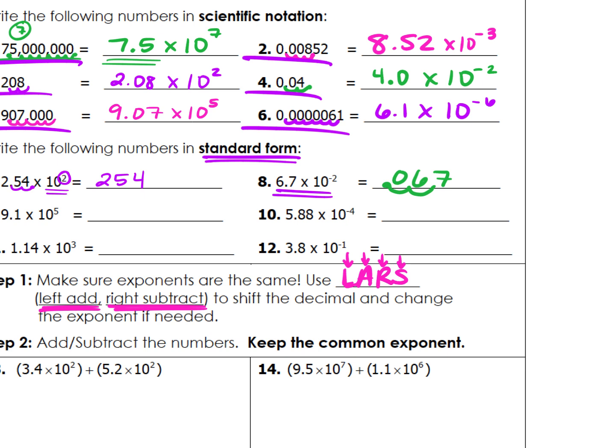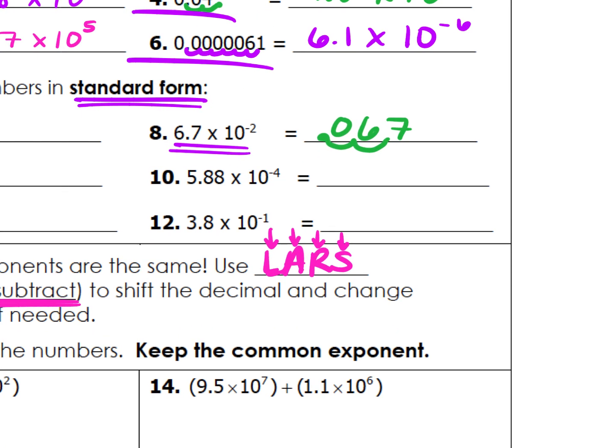So if your number is a negative, where does your decimal point move? The other way. Okay, so this right here, 10 to the negative fourth, you should be thinking, I'm making it smaller. Whenever that number goes negative, we need to get a smaller number than we had here.